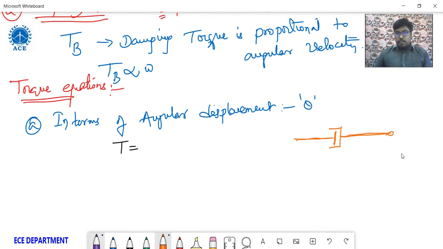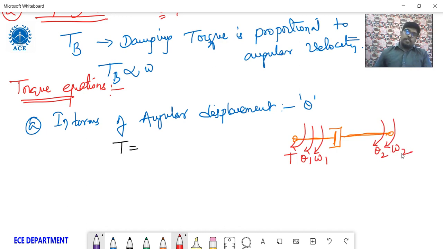Same notation, a damping element, and here torque T is applied, and this is angular displacement theta 1 and angular velocity omega 1. Another angular displacement theta 2 and angular velocity omega 2. This is named B, the damping element or viscous friction coefficient, whatever you call it.